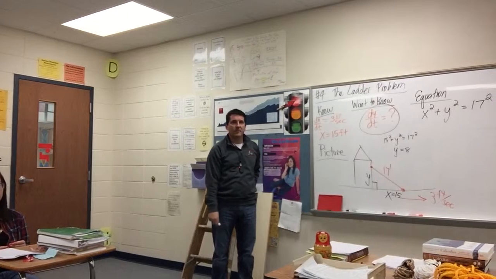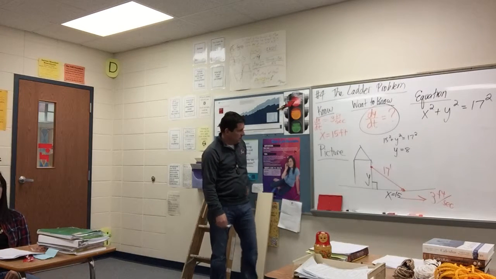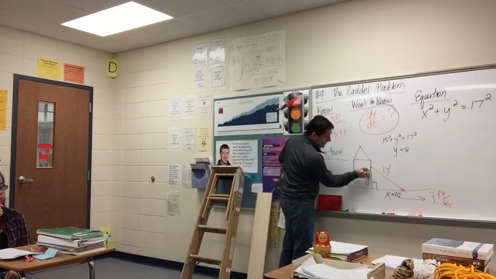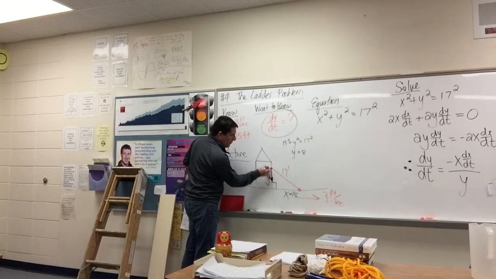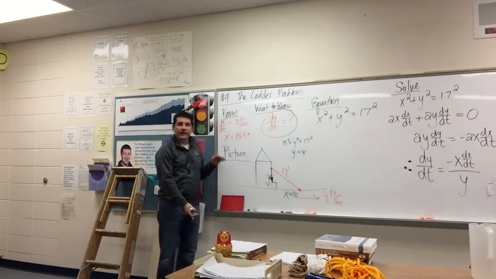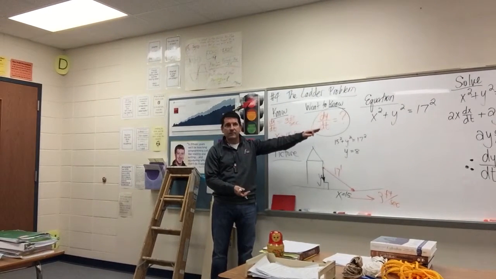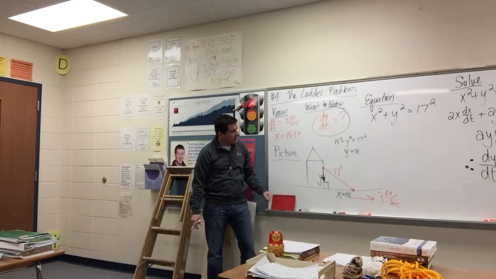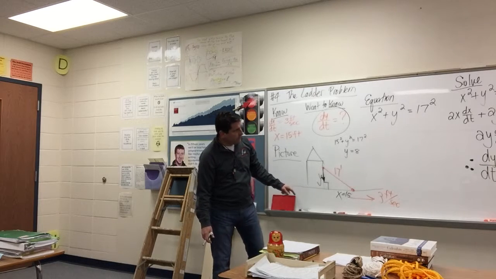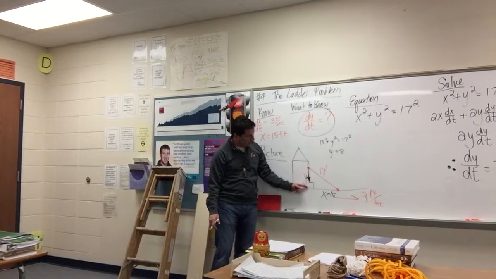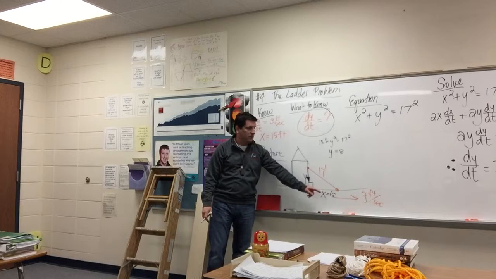Right, this is going down. Remember with the ropes, since y is shrinking, it's negative. That's why it makes sense that that number is negative. And that's how fast it's going. Its rate is negative 5.625 feet per second at this moment.